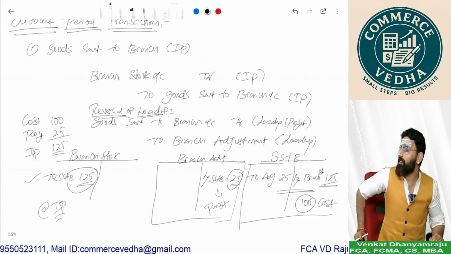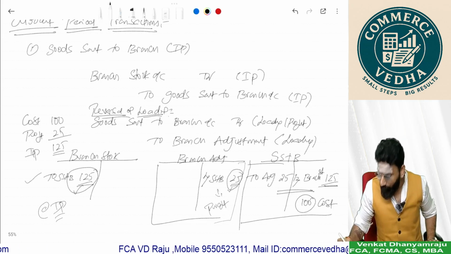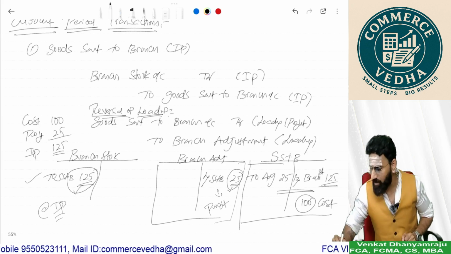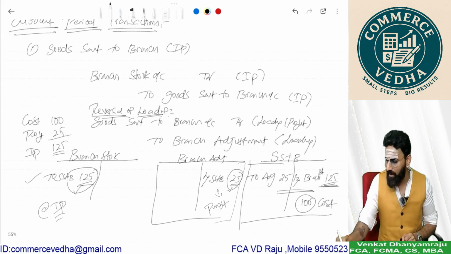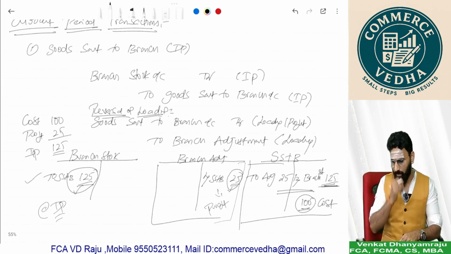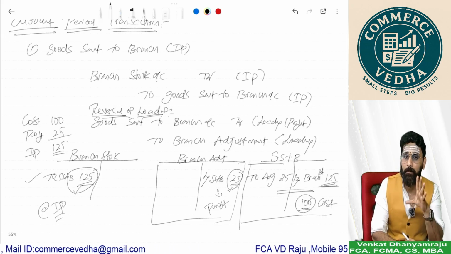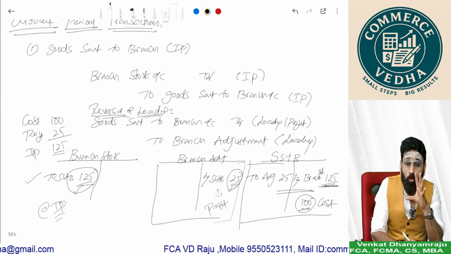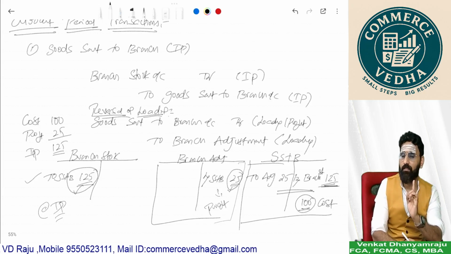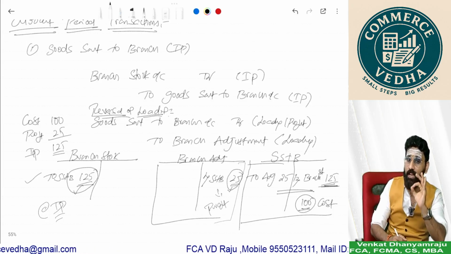So the beauty here is stock is with invoice price, adjustment is with the profit on the credit side, and goods sent to branch is with cost, because invoice price on the credit side and profit on the debit side, the net is the cost which is recorded. So this is the first entry. Understand the entry: wherever there is stock movement between head office and branch, there is loading. We should keep that in mind in every entry.